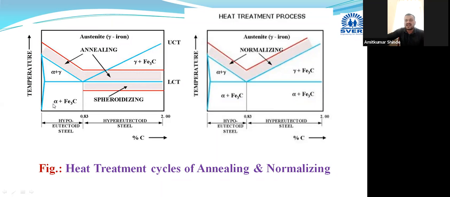Ferrite is a soft, malleable, and ductile phase. Our aim of hardening is to improve hardness and increase wear resistance and cutting ability, and as it is becoming soft, we will not be able to achieve our aim. Hence, this region above A1 is not used for hypoeutectoid steel.